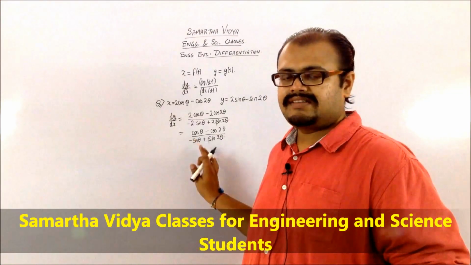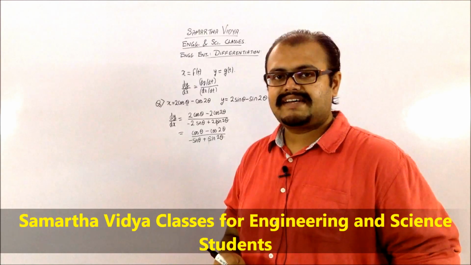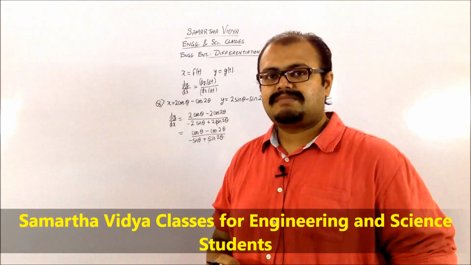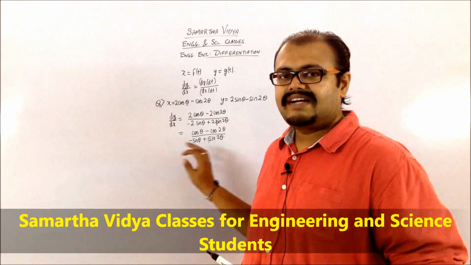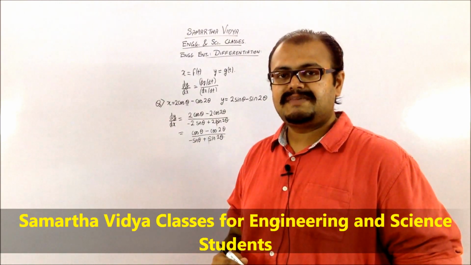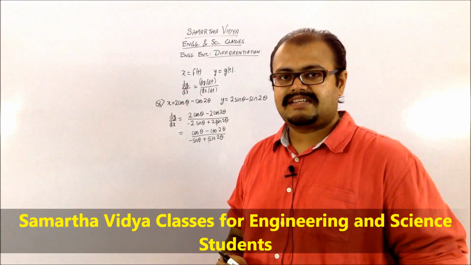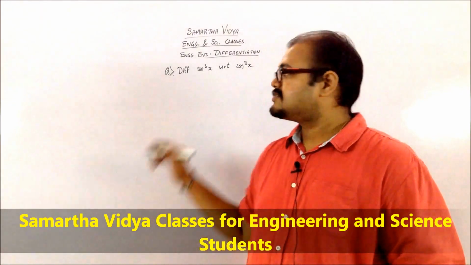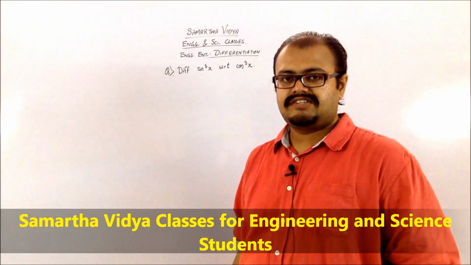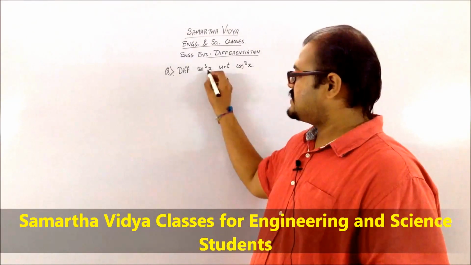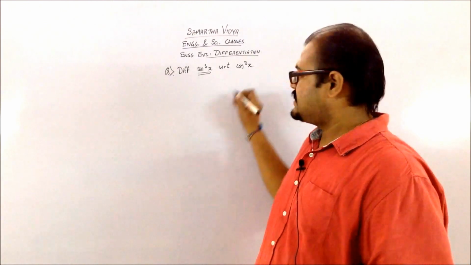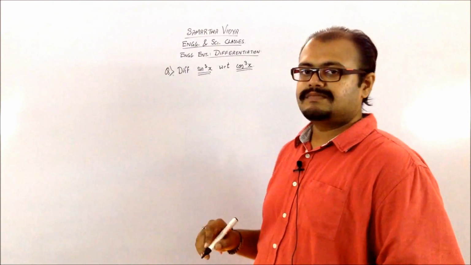Depending on this, we will see one more type, which is finding the derivative of a function with respect to some other function. This is quite related to the parametric form, so we will deal with that topic next. Let us see this question: differentiation of sine cube theta with respect to cos cube theta. There are two functions present, sine cube and cos cube.